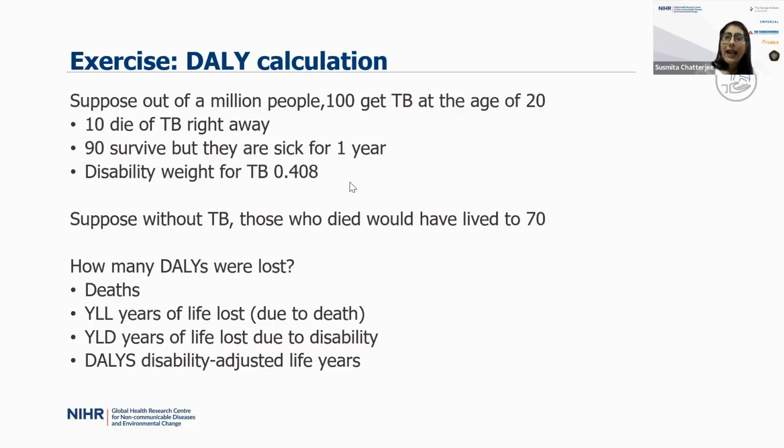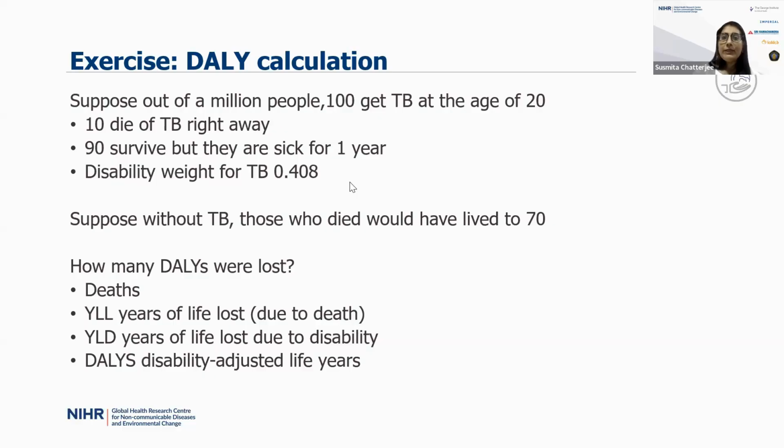Yes, but the person was supposed to live up to 70, but at which age did the person have TB? At 20, right?